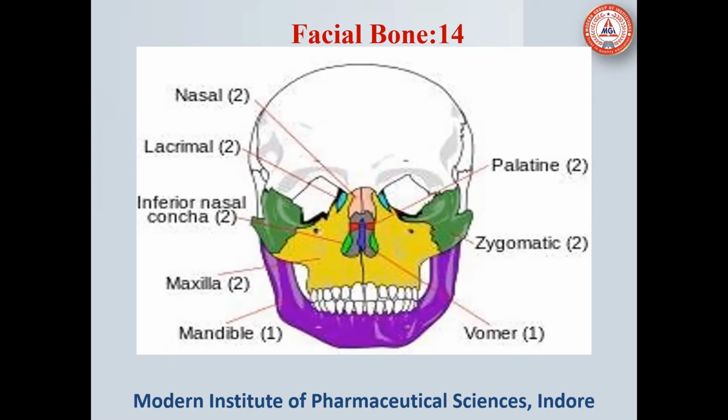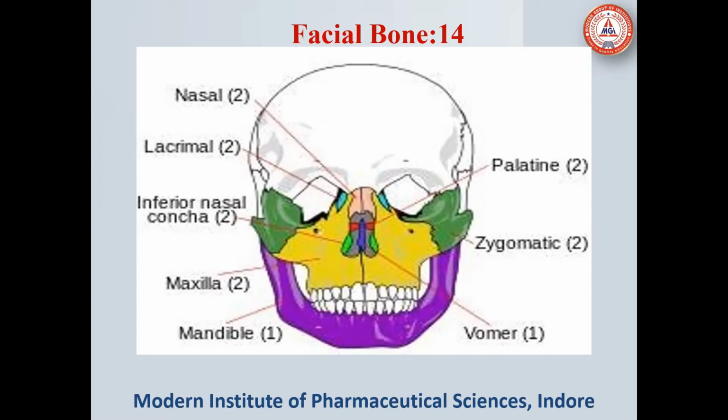The 13 bones of the face plus 1 bone, the vomer. The total number of bones is 14: 2 zygomatic bones, 1 maxilla bone, 2 nasal bones, 2 lacrimal bones, 1 vomer, 2 palatine bones, 2 inferior concha, 1 mandible.